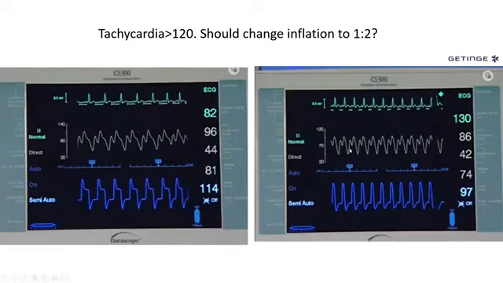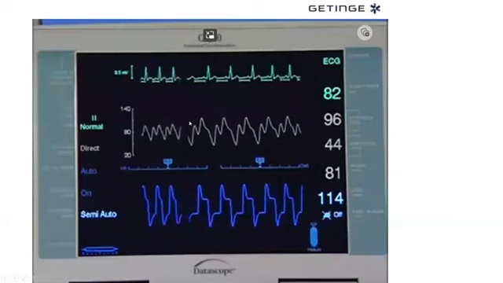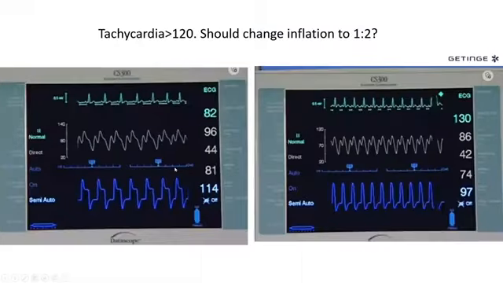You can see that the augmentation attenuates as he gets tachycardic. As here, the augmentation attenuates as you get tachycardic. So a lot of people think, and still think, that you should do 1 to 2 to improve the augmentation. That's a wrong idea. I want to erase that very erroneous thought.